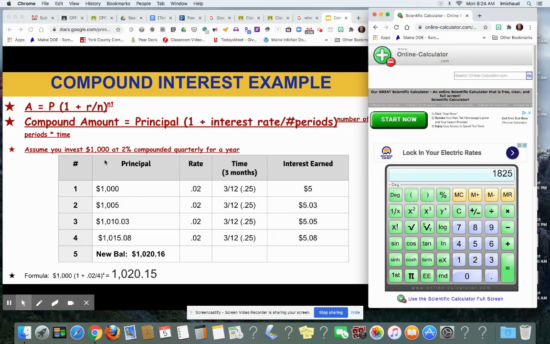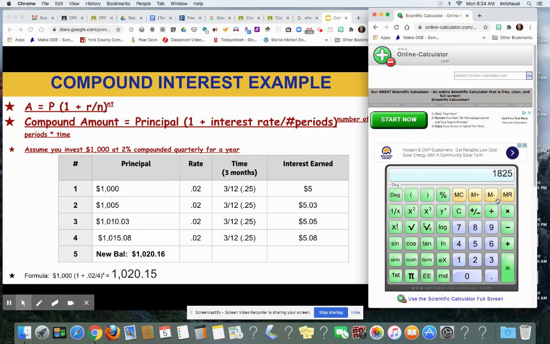So in this instance, the $1,000 is the principal. The 2% is the interest rate. It's compounded quarterly, so that's the N, okay? The R is the rate, the N is the compound frequency, and it's compounded quarterly, which is 4 times the time, which is just 1 year. So 4 times 1 is 4.